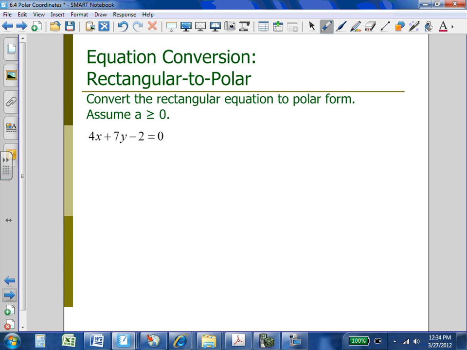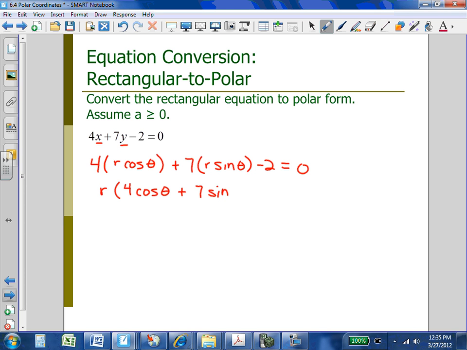So this is 4 times, replace the x, so this is r cosine theta, plus 7 times, replace the y with r sine theta, minus 2 equals 0. So I'm going to clean this up a little bit. They both have an r. Factor out the r. So I have r times 4 cosine theta plus 7 sine theta.